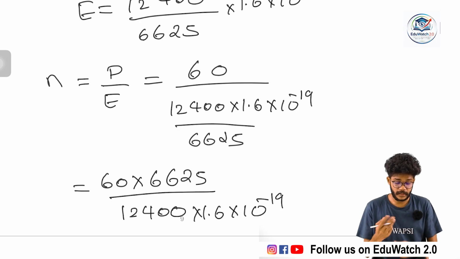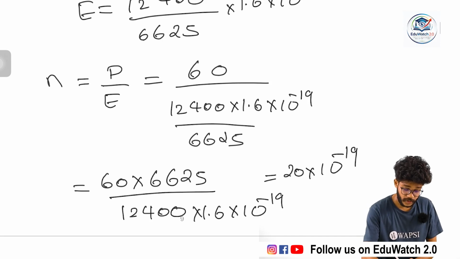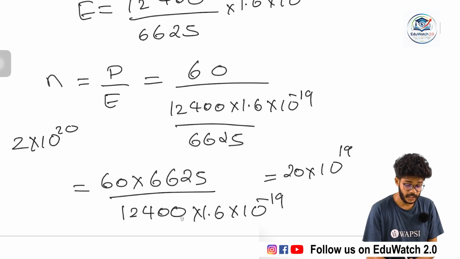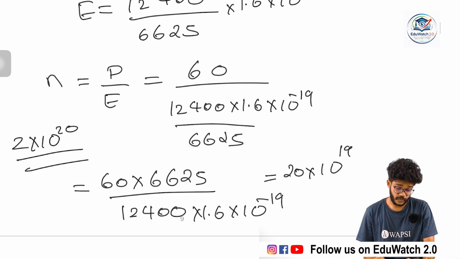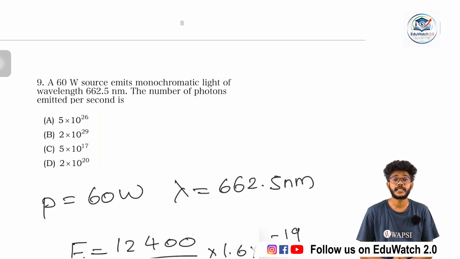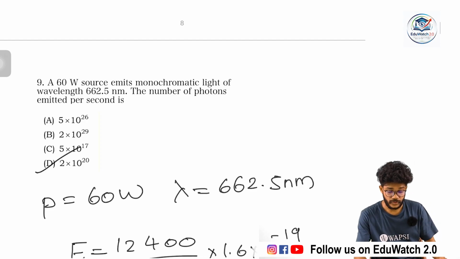And 2 and 0, which is 20 into 10 raised to 19. So 2 into 10 raised to 20 is the final answer. So we have the answer, option D. Option D is 2 into 10 raised to 20. So option D is the correct answer. So we can move to the next question.